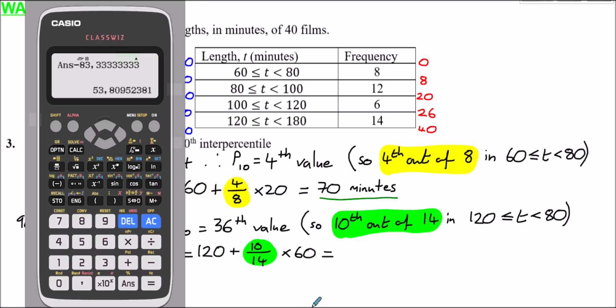So again, if we just quickly calculate this one, so 120 plus 10/14 of 60, that gives us 162.857.